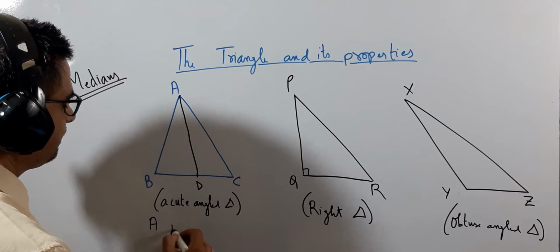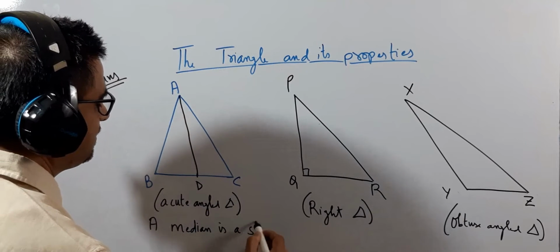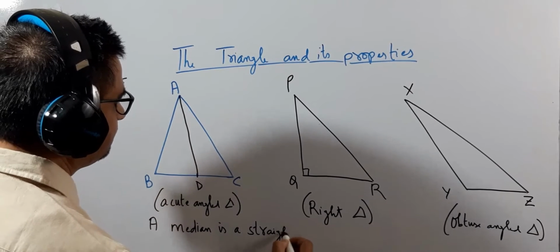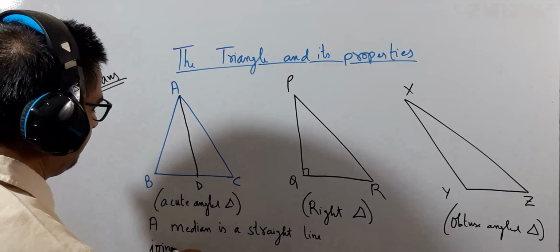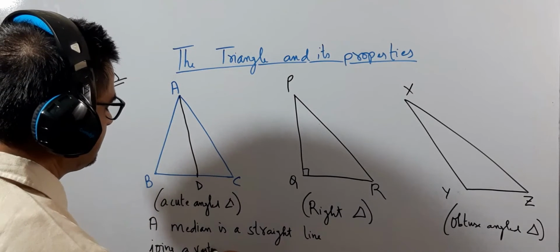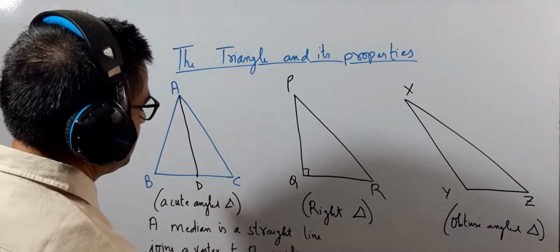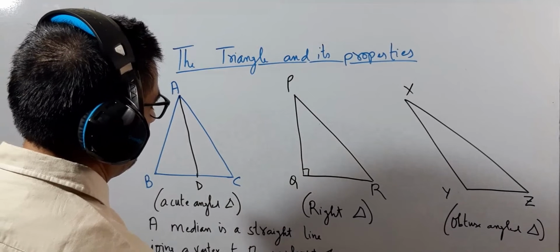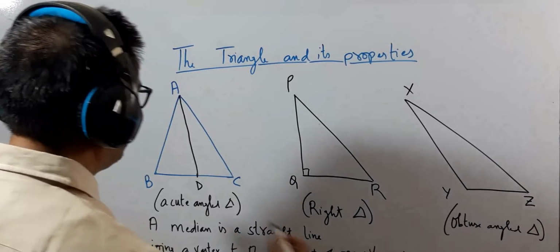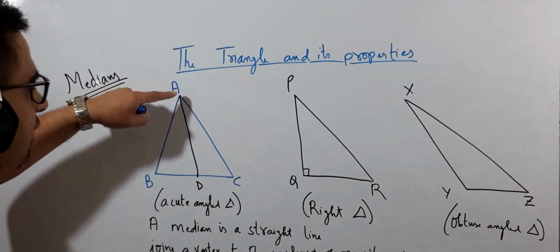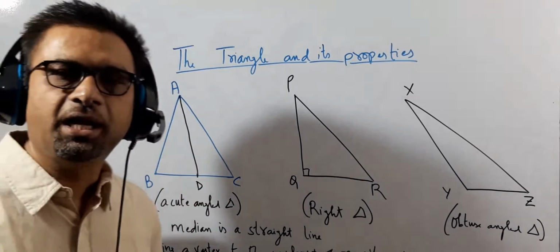A median is a straight line joining a vertex to the midpoint of the opposite side. Say a line joining a vertex to the midpoint of the opposite side is called a median of a triangle.